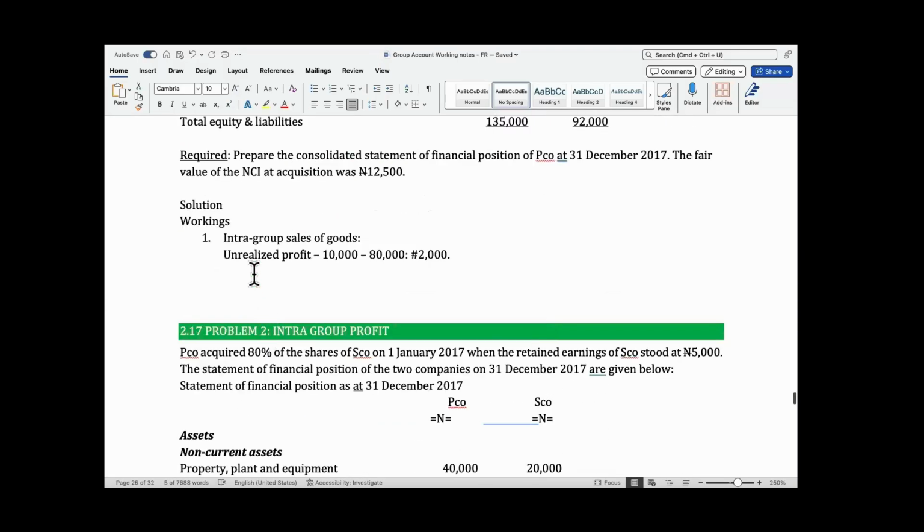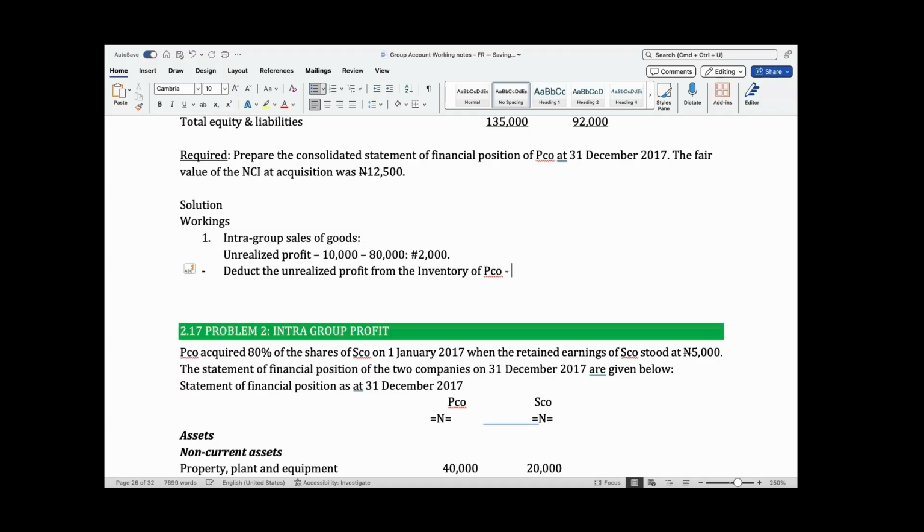So you need two adjustments. This profit, you deduct the unrealized profits from the inventory of PICO, because it's still in the inventory of PICO.